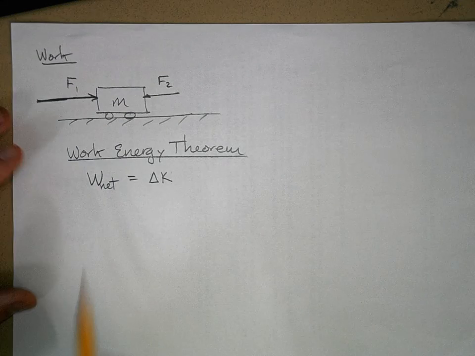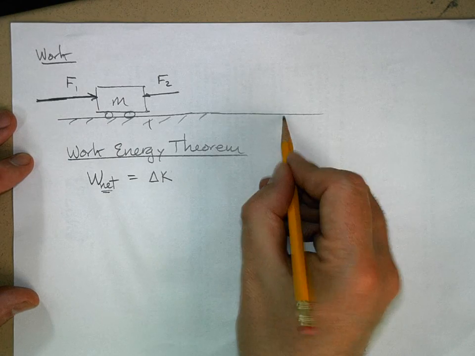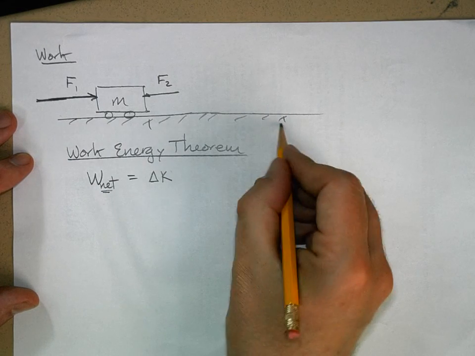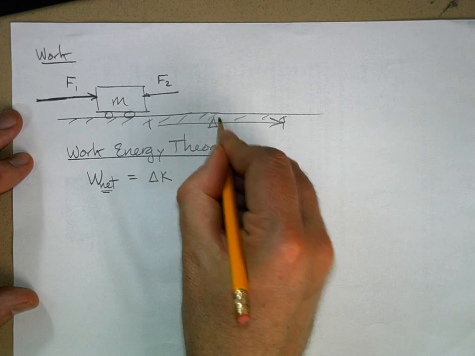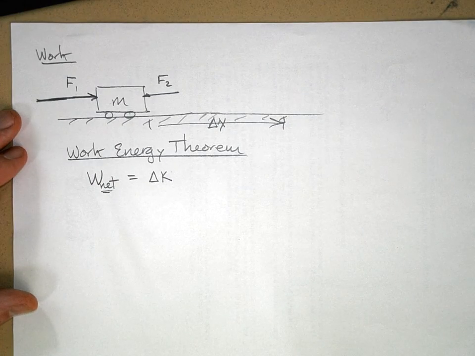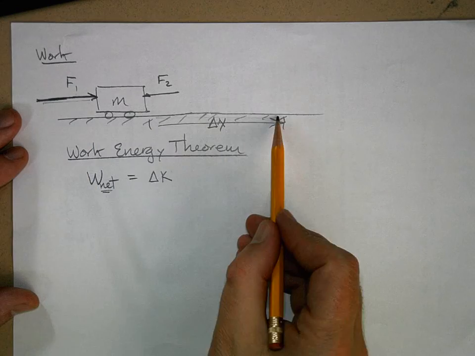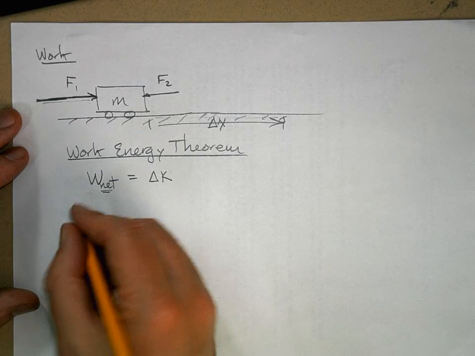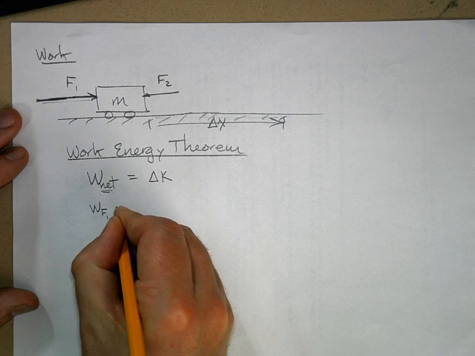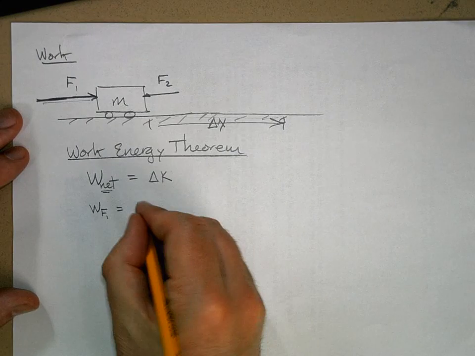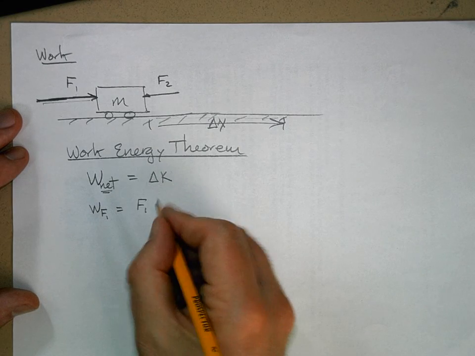Now, what do we mean by net work? Well, let's say this thing displaces to the right by a certain amount. There's our delta x right here. And, well, look, this force is doing work. So the work done by F1 will be equal to F1 times the displacement, delta x.